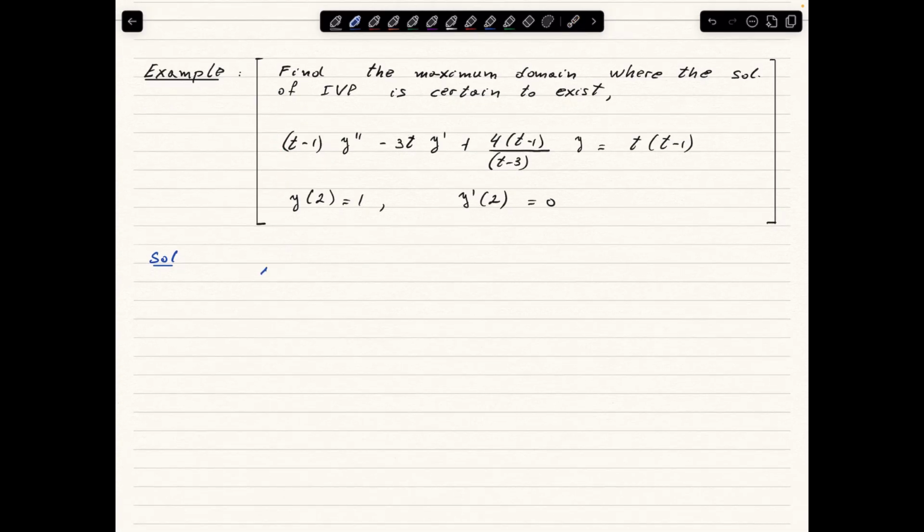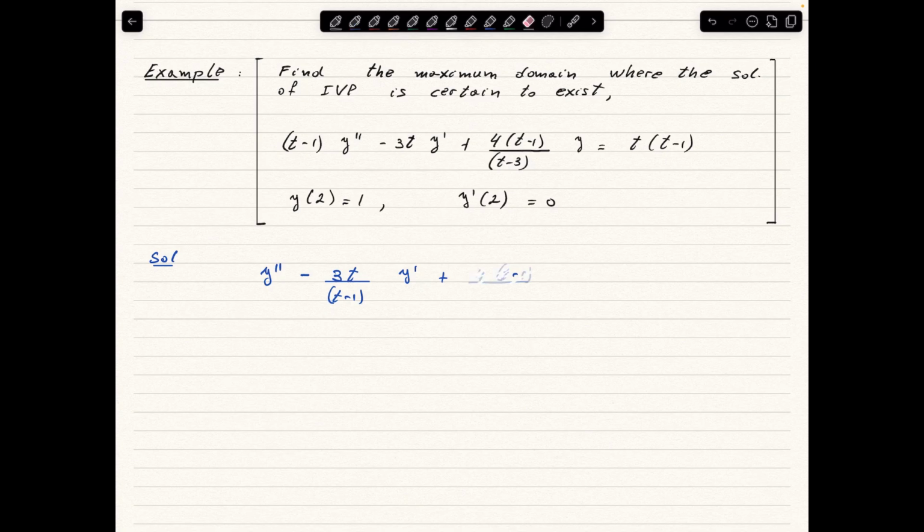And we get y double prime multiplied by 1, minus, and now it's 3t, but we have a factor here in the denominator that is t minus 1, and then multiplied by y prime. Then we have plus 4, t minus 1 in the numerator.